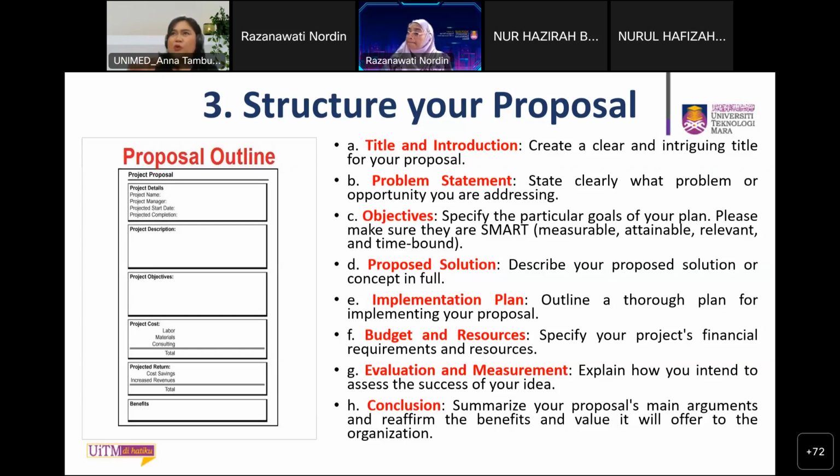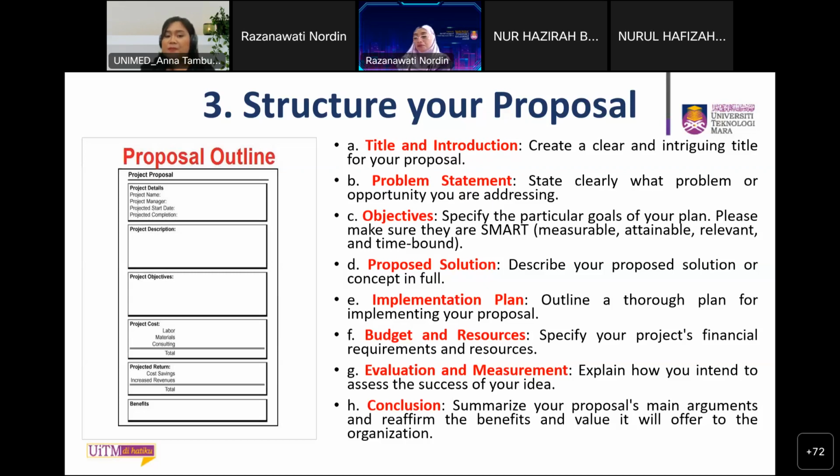So there is an opportunity to achieve this goal. And then relevant, of course, it should be relevant to the company's goal or company's policy. And then time bound, there is a time limit that you offer to do those things, what you are going to do in your proposal. And then clearly articulate how achieving these objectives will benefit the organization.